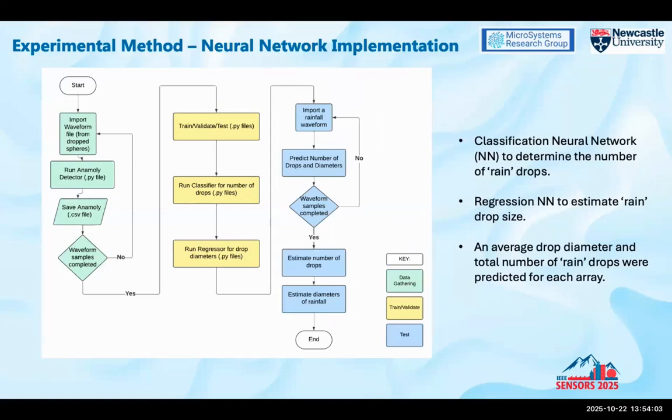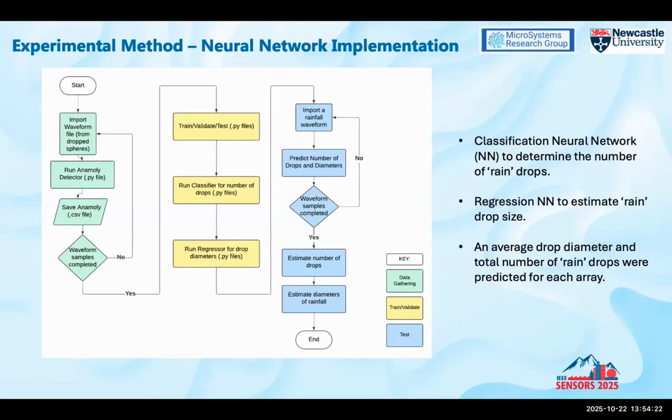Then we feed this into a neural network. This is the data gathering section that I've just explained. The 100 sampled waveforms are put through the system to produce a CSV file of the data. Then we put it through train and validate.